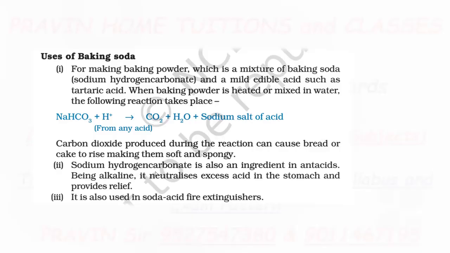When baking powder is heated or mixed in water, this reaction happens. NaHCO3 plus H+ ion from the acid reacts to give carbon dioxide plus water plus sodium salt of the acid.